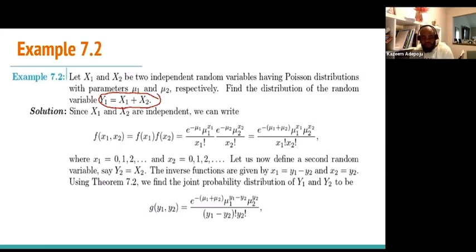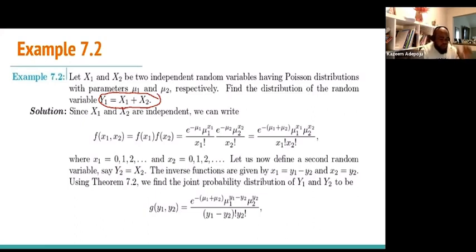If I want the moment generating function of y1, it's just going to be the product of the respective moment generating functions. From there, I figure out what the distribution is. I'm just recalling the method of moment generating function, but right now we're not using it.